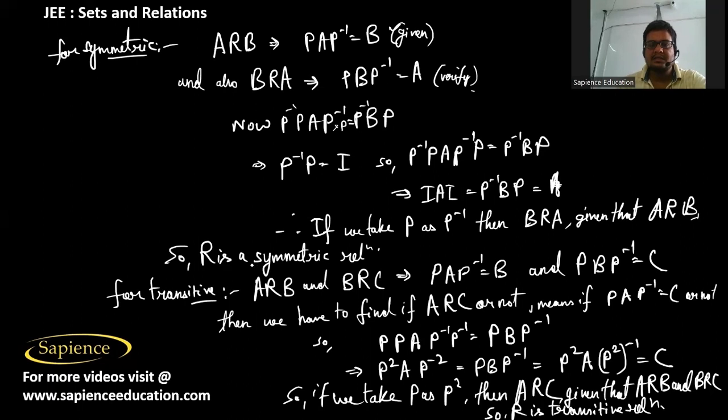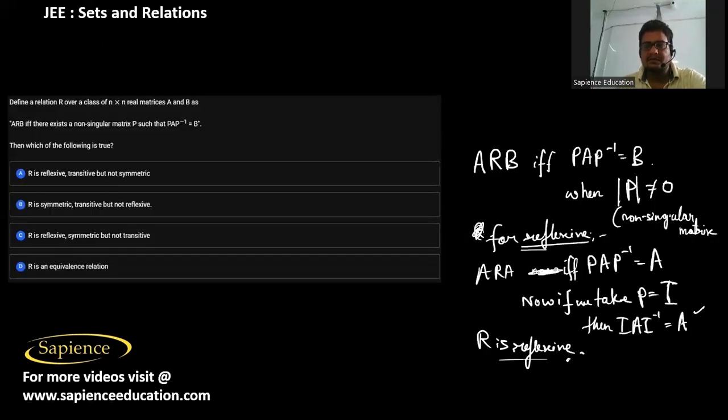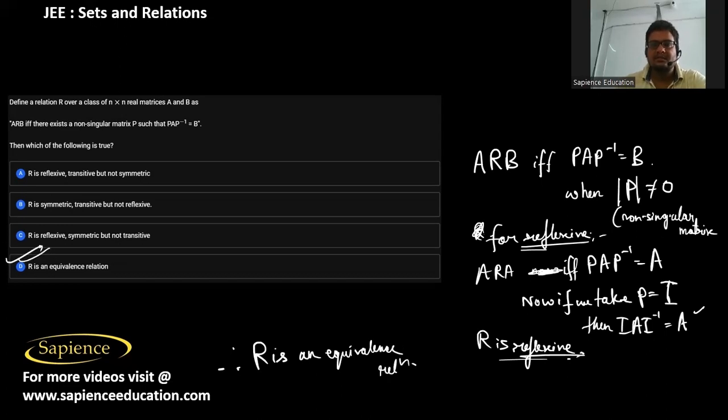So R is symmetric also, R is transitive also, and R is reflexive also. Therefore, R is an equivalence relation. So option D is the correct answer.